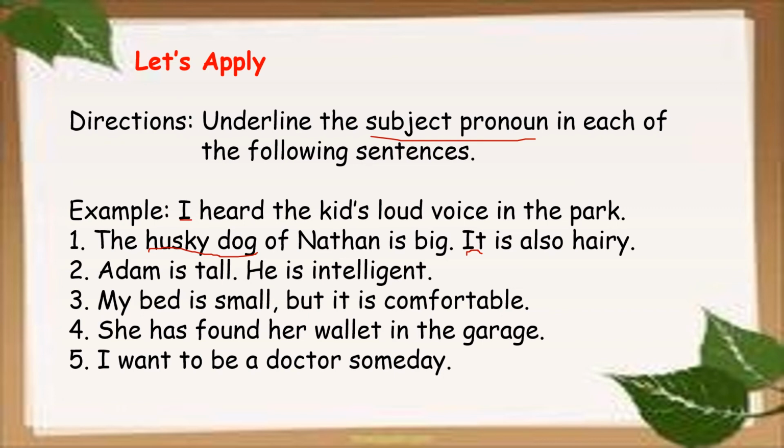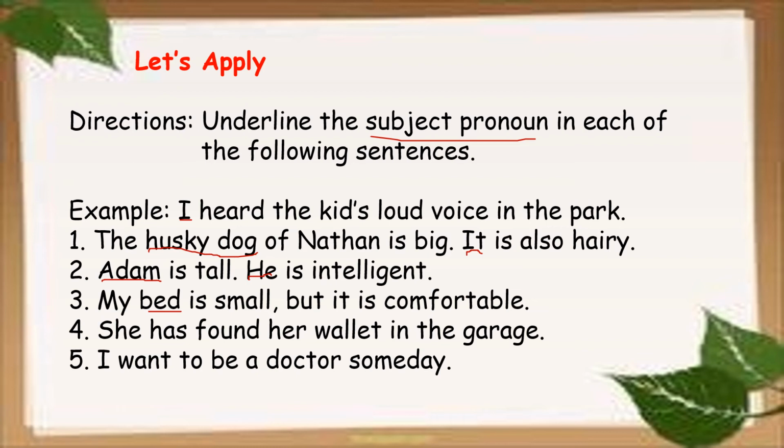Number 2. Adam is tall. He is intelligent. So here the noun is a male person. So what kind of pronoun are we going to use? We're going to use the pronoun he because he refers to a male person. Number 3. My bed is small, but it is comfortable. So here the noun is my bed. So what kind of pronoun are we going to use?